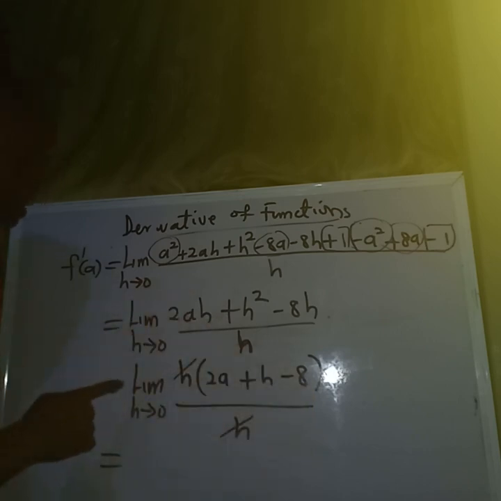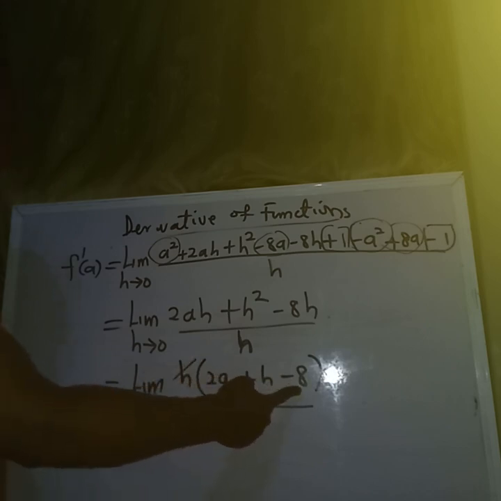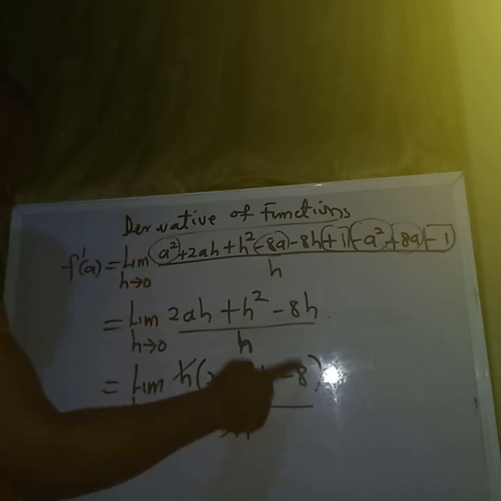We can now apply this limit on each of these terms. Recall that this is 2a. This 2a is independent of h, so this limit will not affect it because it is a parametric constant. This is h, which the limit will affect, and this is 8, which is also a constant. We said in our previous video that the limit of a constant is a constant.